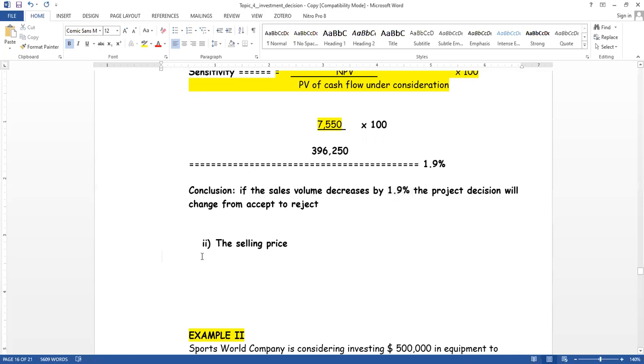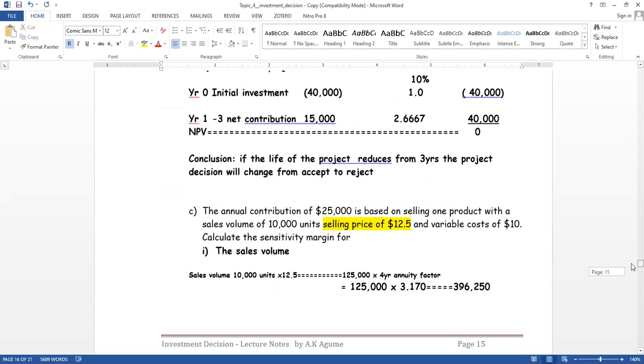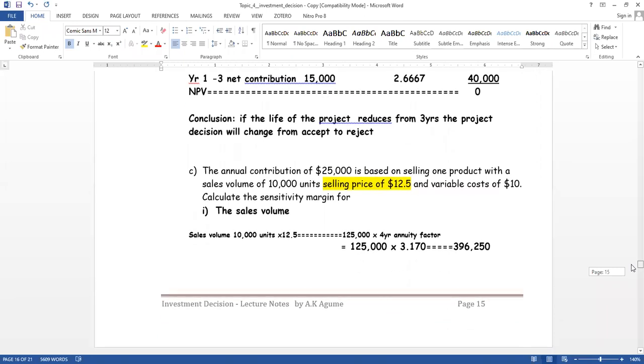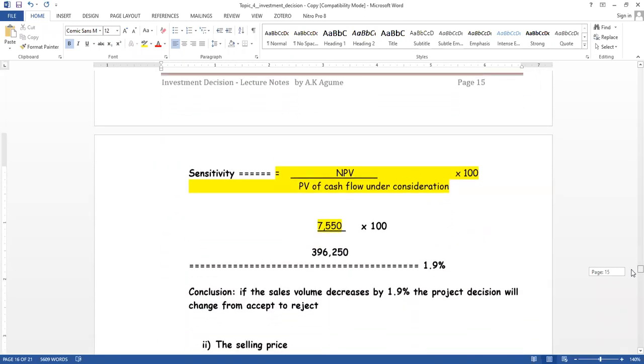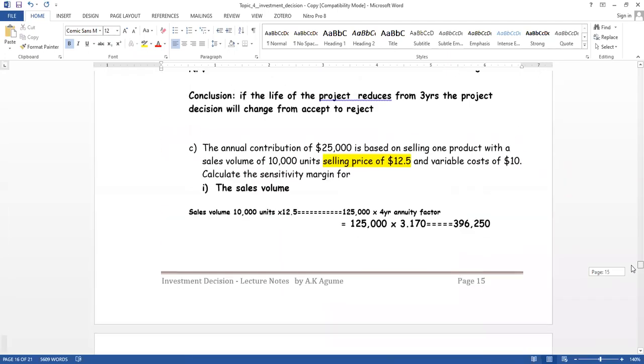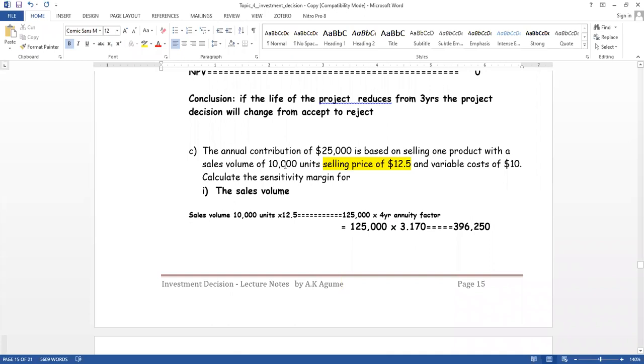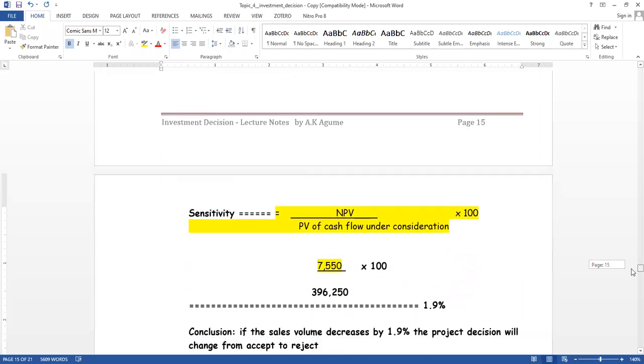Now, lastly, sensitivity to selling price. Now, the sensitivity of selling price will be similar to sensitivity to sales volume, because now the selling price is 12.5. Okay, so meaning that our 12.5 we need to multiply by the units sold so that we get our total sales.